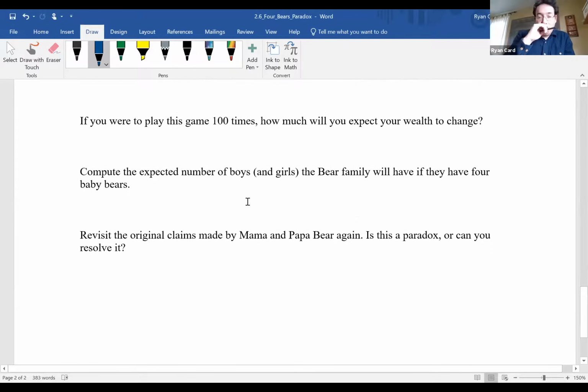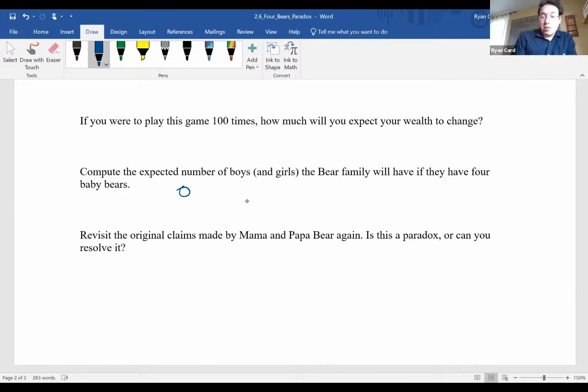now let's go back and apply it to the expected number of boys and girls the bear family will have out of 4 baby bears. So there are 5 different possible numbers of boys you could get.